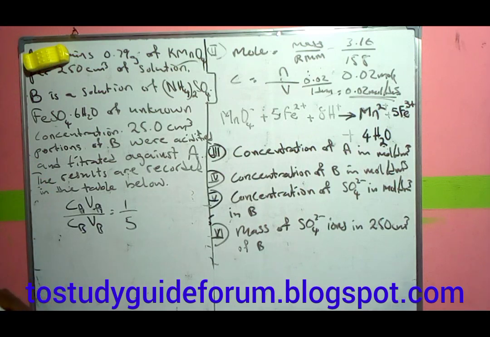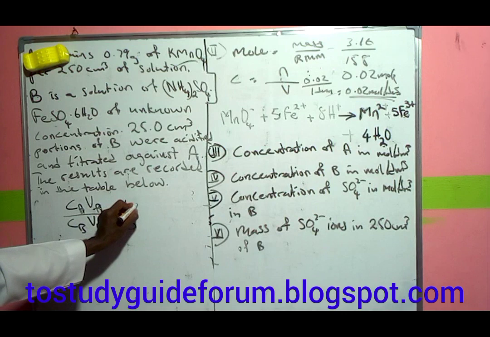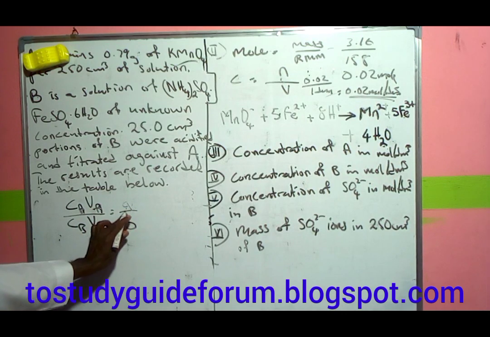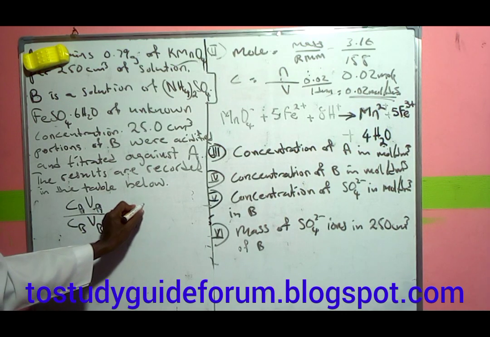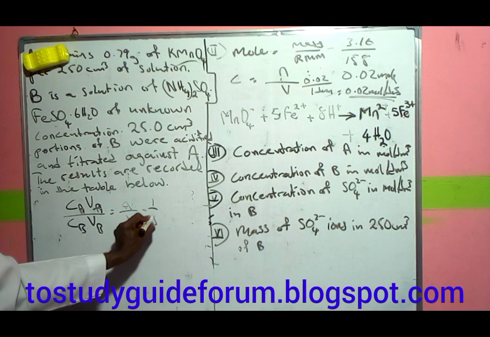Then the next thing is that the volume of A over B is equal to their mole ratio, which is 1 over 5.